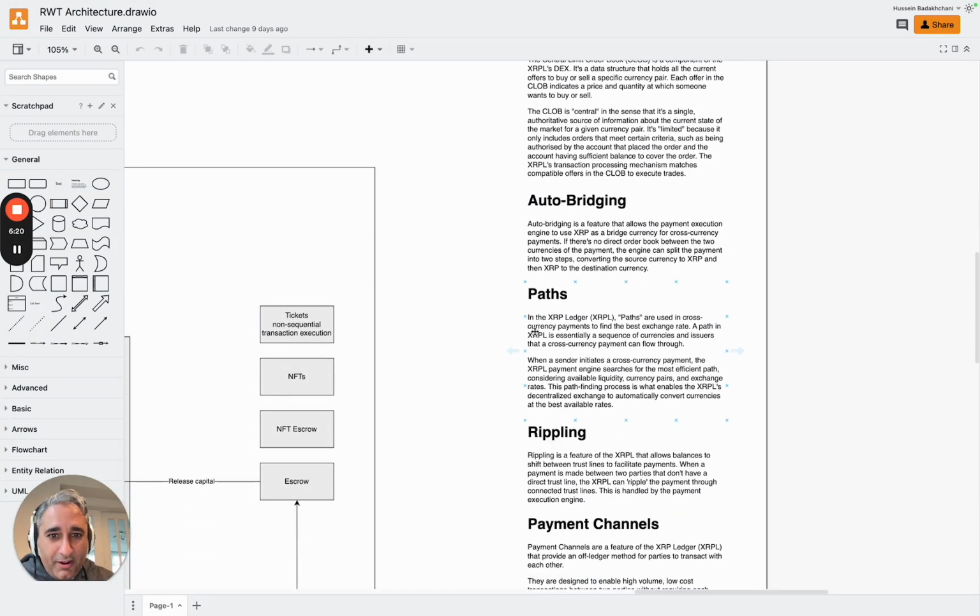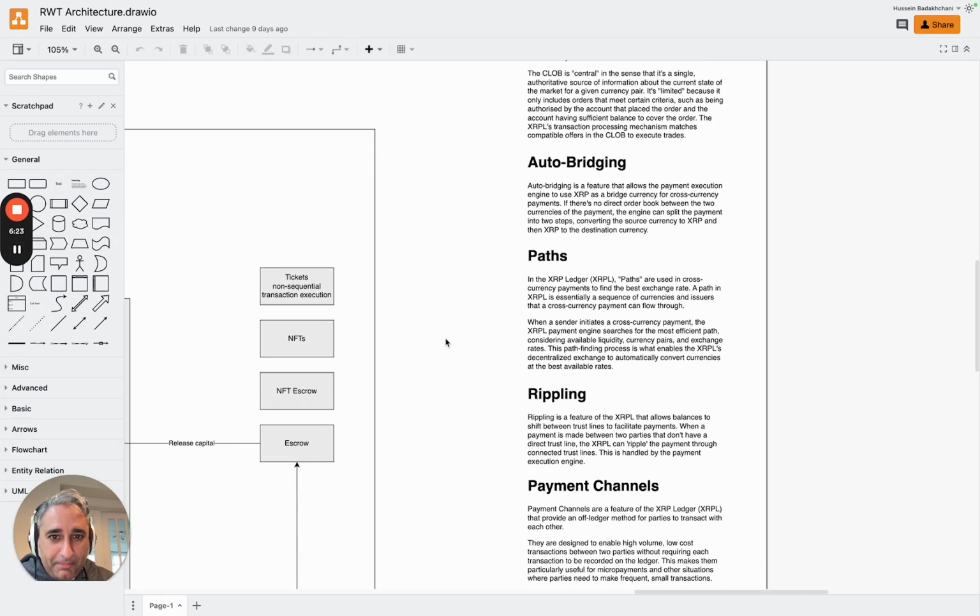If I look at my notes on this, in the XRP ledger, paths are used in cross-currency payments to find the best exchange rate. The path in XRPL is essentially a sequence of currencies and issuers that a cross-currency payment can flow through.